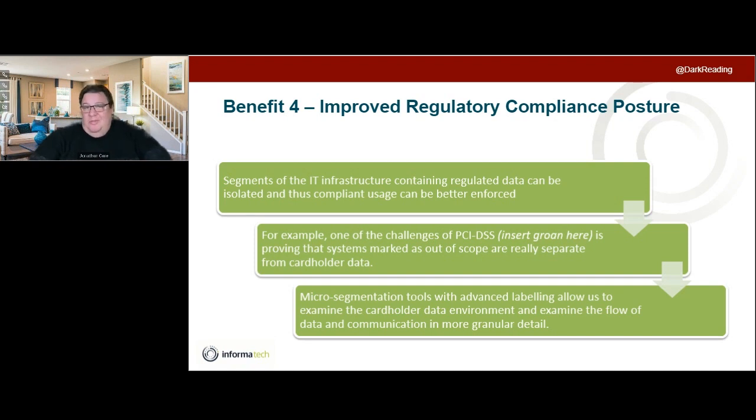It's on the same network as your systems that are processing card payments. And again, that becomes challenging. Microsegmentation obviously avoids that because we can use advanced labeling, allowing us to examine the cardholder data environment and keep separate the flow of data in the cardholder data environment, and their communication flows in more granular detail.